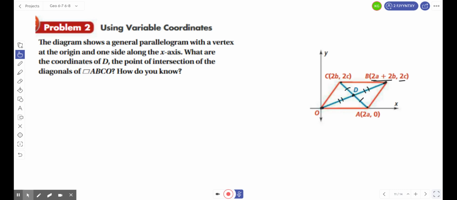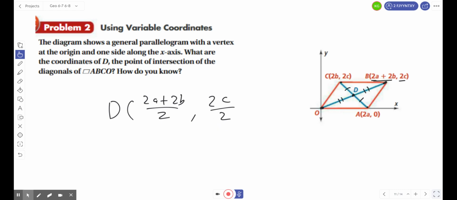So in other words, the coordinates for D are going to be half of 2a plus 2b, so that's divided by 2, and it's also going to be half of 2c for the y coordinate. And those are nice coordinates to divide by 2 because they have 2's in them.